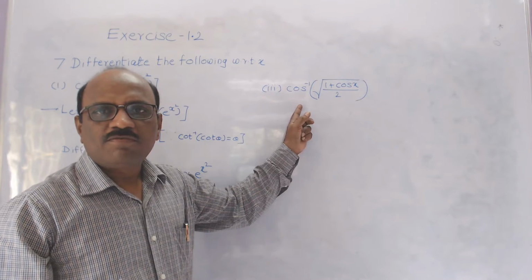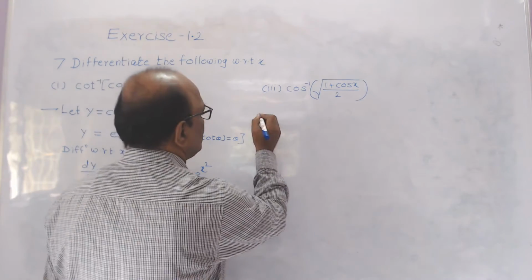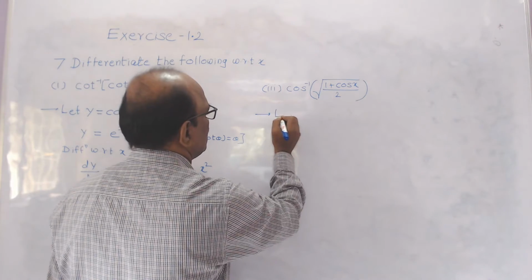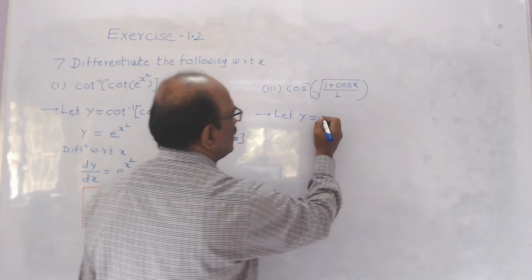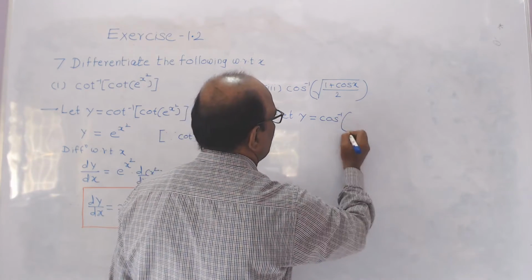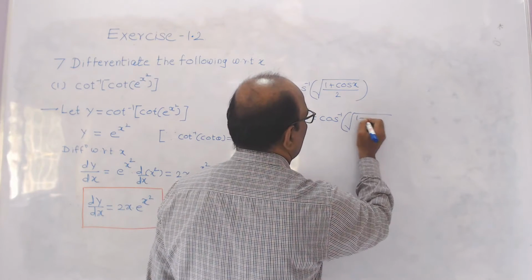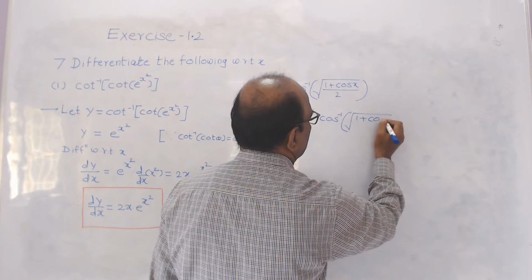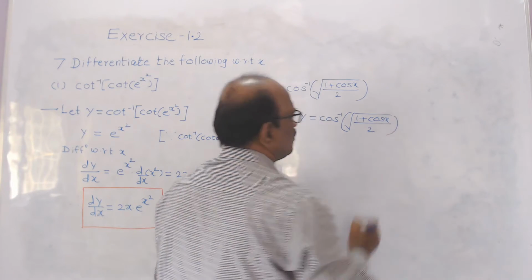Here is the next question. Cos inverse of root of 1 plus cos x upon 2. Again the solution. Let y is equal to cos inverse of root of 1 plus cos x upon 2. But we know the formula.